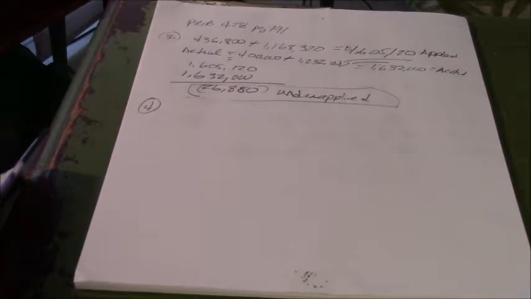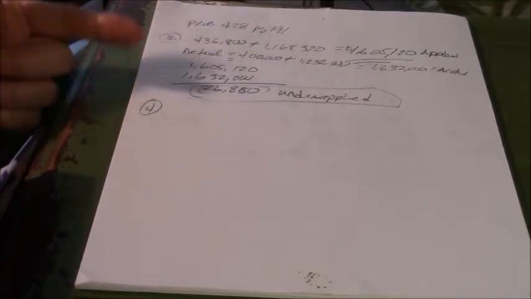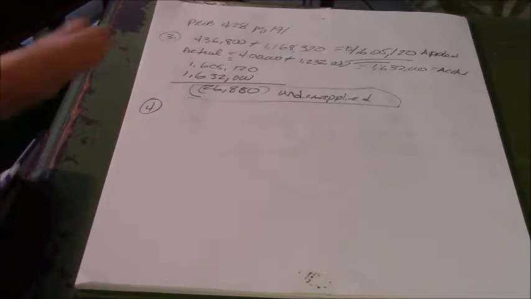So because it's not material, 26,880 is not even 2% of 1,632,000, and who knows what it is to cost of goods sold, probably much, much less. So we're going to say that's not material, and we're just going to put it on cost of goods sold.